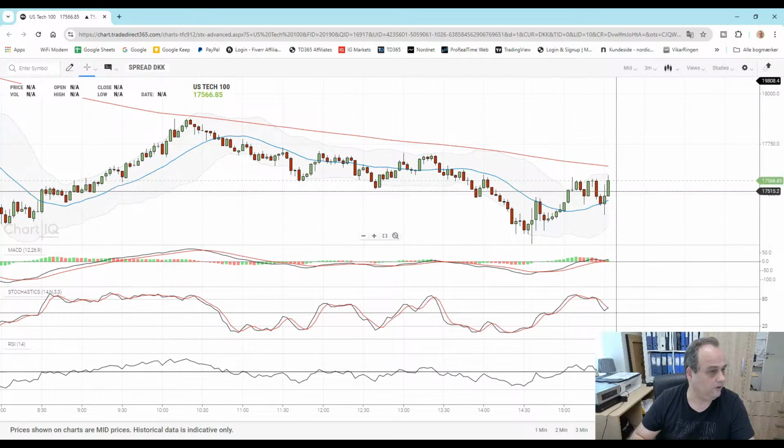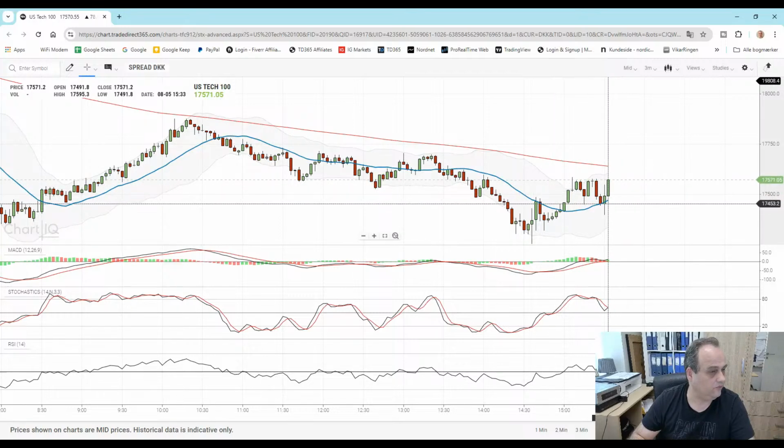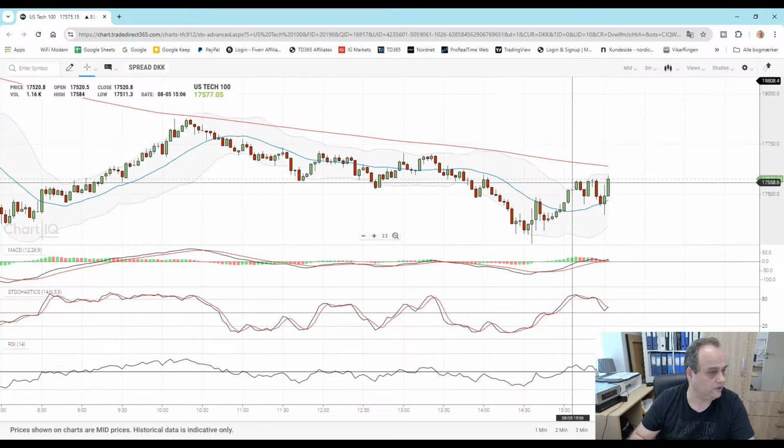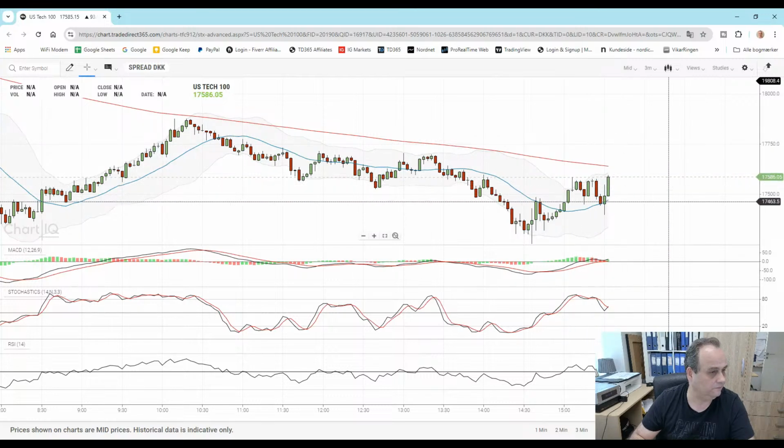The interesting part is that as long as it's above the 20 moving average, even though it's in a negative area, whether it can push through here and even push through the 200 moving average, because now you can see it's fighting the previous resistance from the latest 30 minutes.